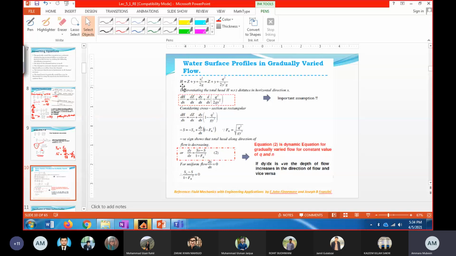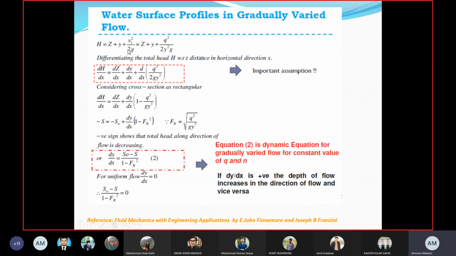So you know that total head is equal to z plus y plus v square over 2g. So differentiating total head with respect to distance in the horizontal direction, the same step has been taken here also. And then writing this v in terms of q square over y square.